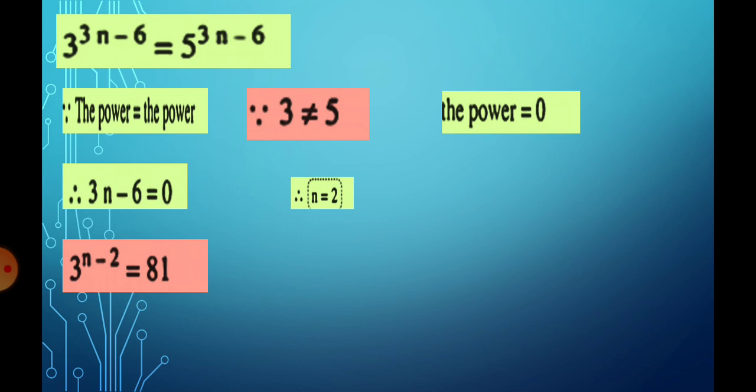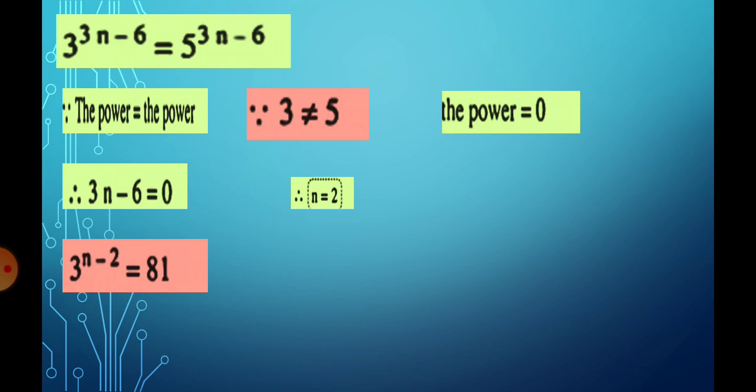3 to the power n minus 2 equals 81. We change 81 to the form 3 to the power. We know 81 equals 3 times 3 times 3 times 3. So 81 equals 3 multiplied by itself 4 times.